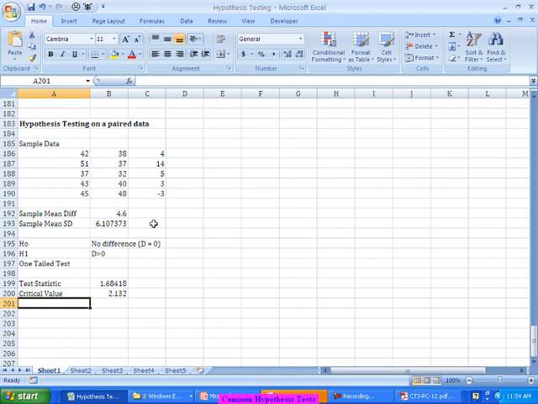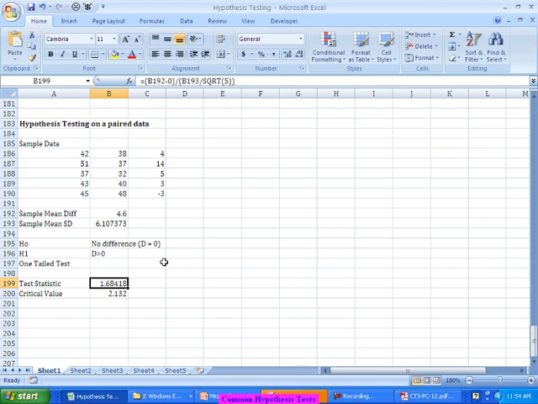Though overall for 4 people there was an increase and only for one person there was a decrease, the standard deviation is very high, and s by root n is also much higher. Overall the test statistic has resulted in only 1.68, and the critical value is 2.1.